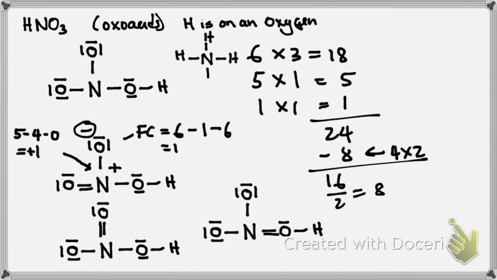Now I can assign this bottom one by analogy. That's the same as this one, and this is the same as that one. So there'll be a minus and a plus. The positive charge stayed on the nitrogen. This other structure is going to be like this: minus, minus, plus, because I can do those by analogy.